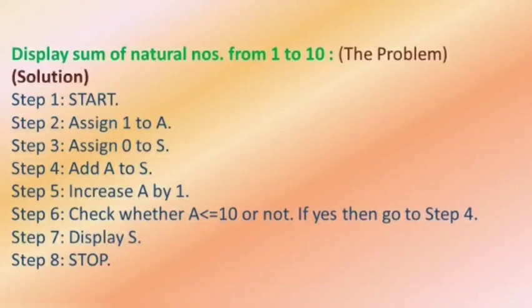Then finally we have checked if A is less or equal to 10. If it is like that, then we go to step 4 and repeat these steps. When A exceeds 10, then we go to next step. In the next step, we display the sum which is stored in variable S, and in next step we end the algorithm.